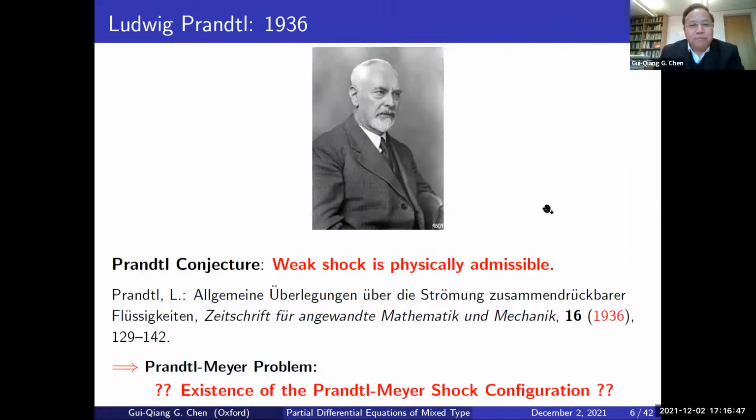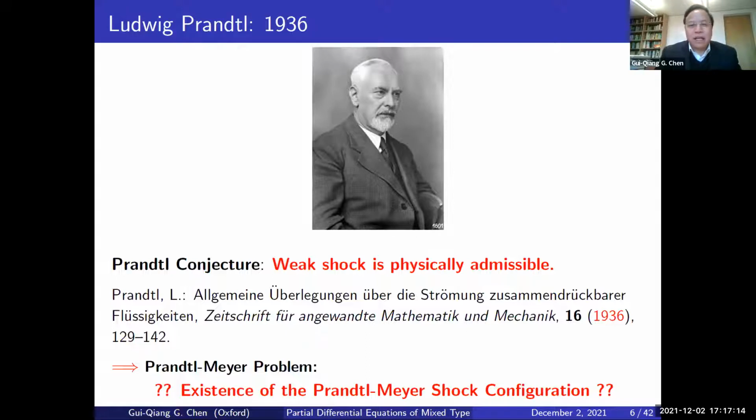So he conjectured that the weak shock should be physically admissible. Then he also proposed dynamic configurations, now called the Prandtl-Meyer shock configuration, which, if this configuration exists, as t goes to infinity asymptotically goes to the steady state solution, which is a weak shock configuration.